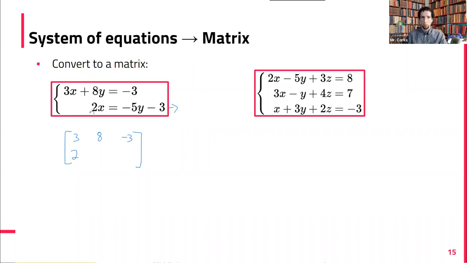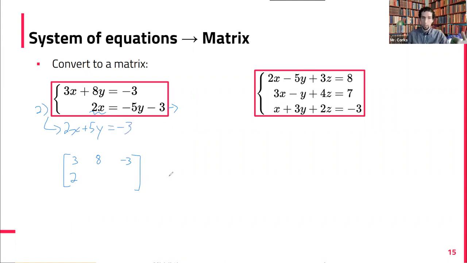So remember, in the matrix everything has to be lined up. What we are doing in our heads is taking equation 2 and rewriting it so the variables line up. So 2x, and then we want the 5y on the same side, so +5y is equal to -3.